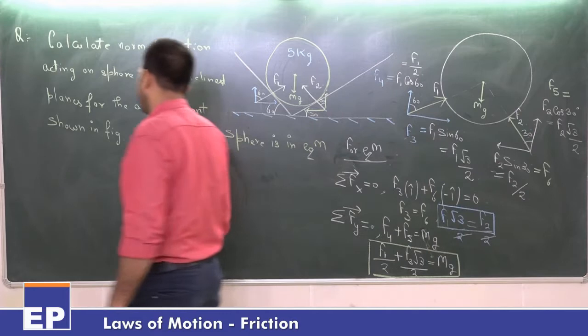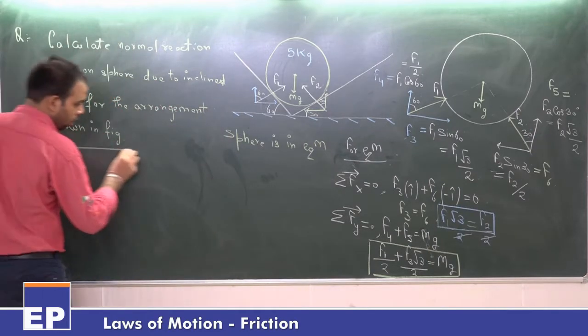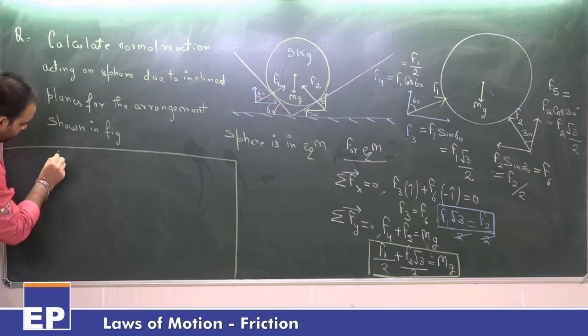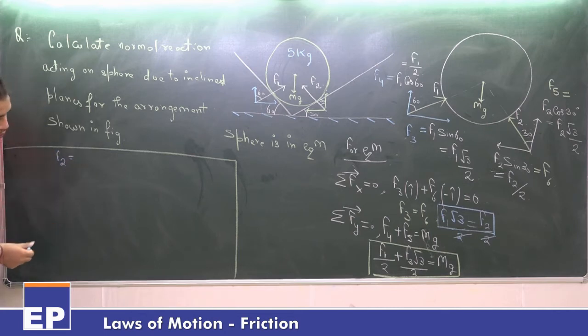मैं यहाँ पे solve कर रहा हूँ इसको, देखेंगे. The equations are becoming, the first equation is f2 is equal to f1 root 3.